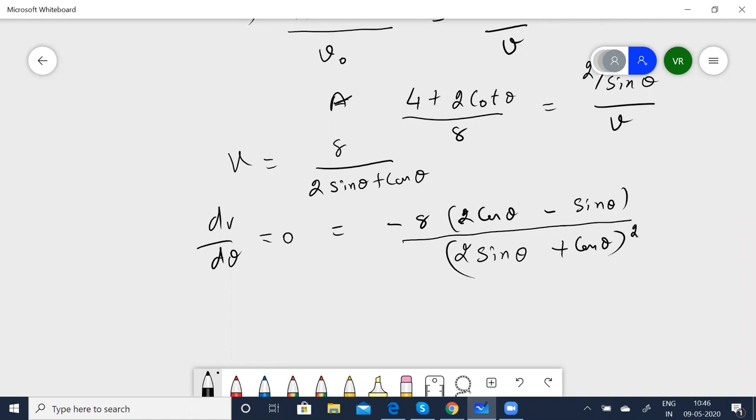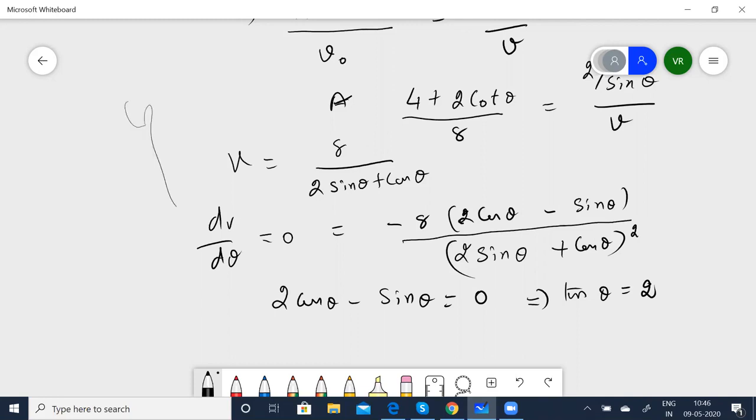I've just differentiated V and equated it to 0. So you get 2 cos theta minus sine theta is equal to 0, which implies tan theta is equal to 2.